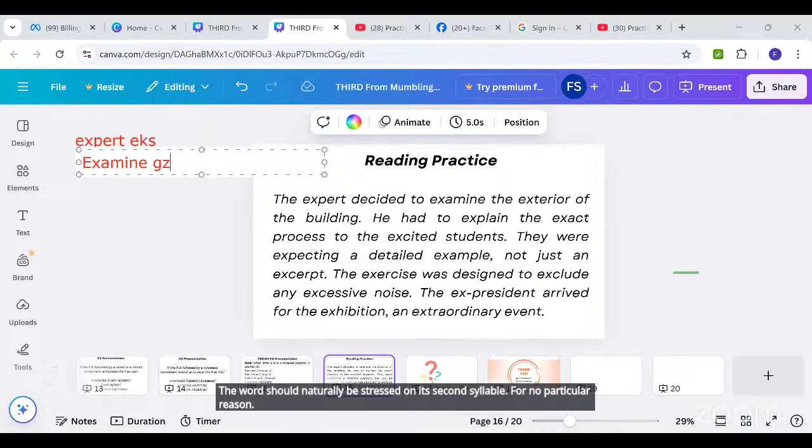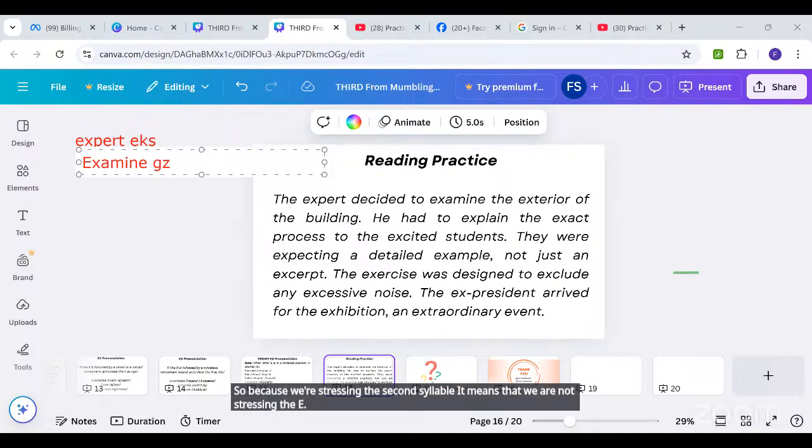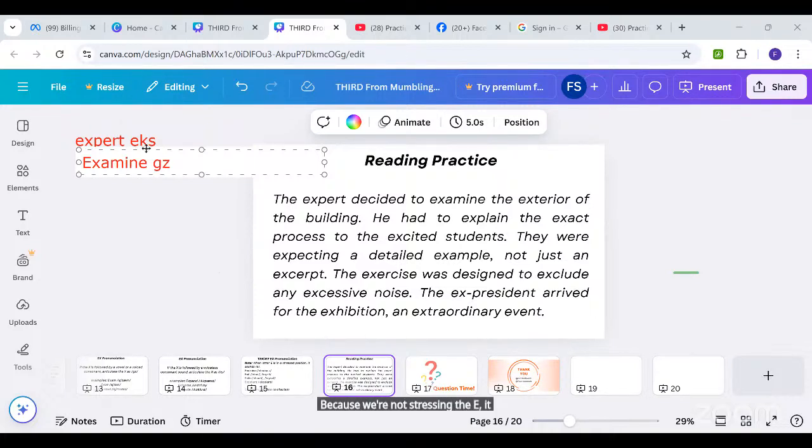We just tend to stress the word on its second syllable. So this word falls under that category of words. So we're stressing the second syllable. So because we're stressing the second syllable, it means that we are not stressing the E. Because we're not stressing the E, it means that the E should sound A.